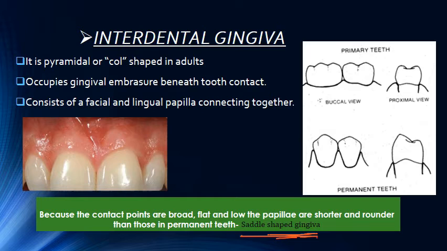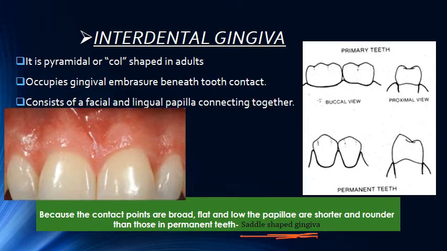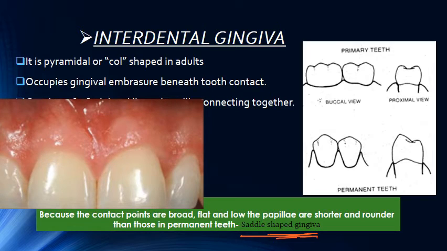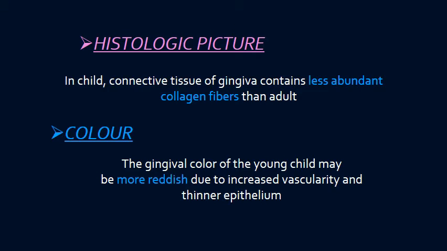This saddle shaped gingiva is common in children. Histologically, we have less abundant collagen fibers, and color is more or less reddish due to increased vascularity and thinner epithelium.